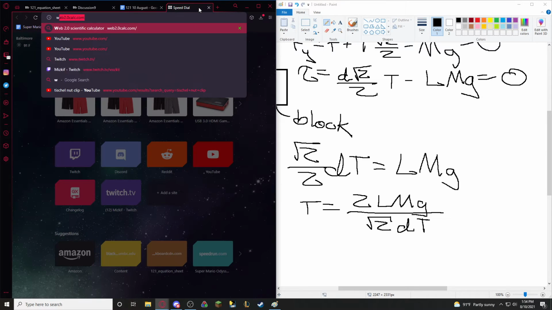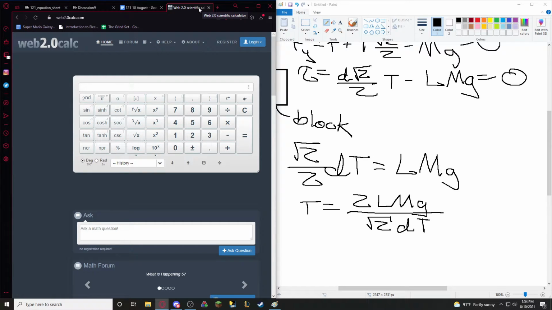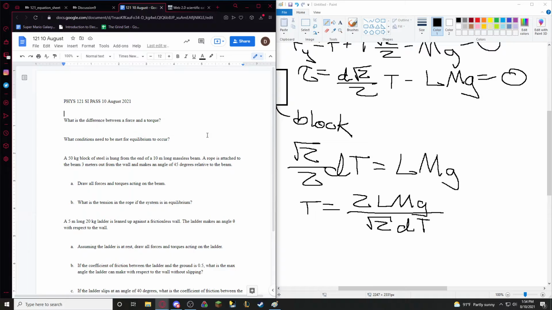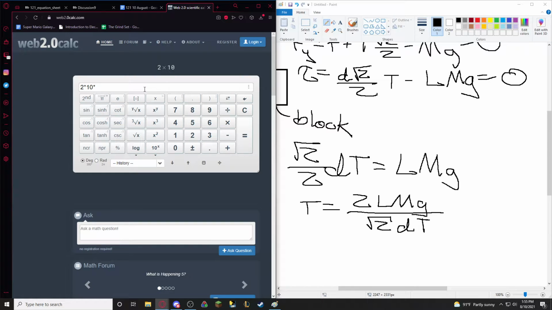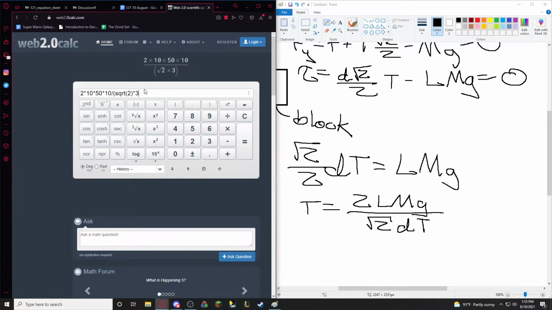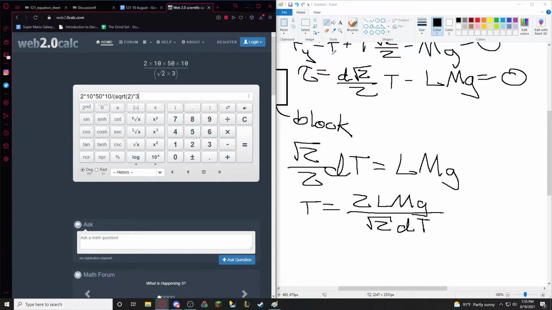Plug everything into a calculator. Did anyone calculate a value? 2 times 10 meters times 50 kilos times g, over 10 over square root of 2 times d, which is 3 meters. I got 2357.